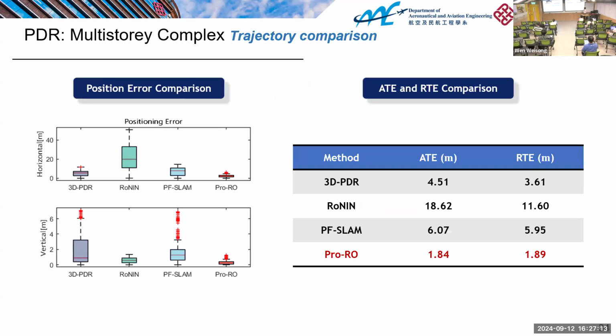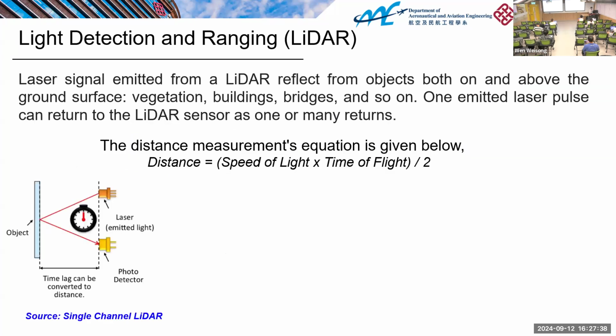For example, in the upper right, the error is around 1.8 to 1.9 meters for the relative position errors. But this value will increase if you travel a longer distance. If you travel more than several kilometers, it will significantly drift over time.